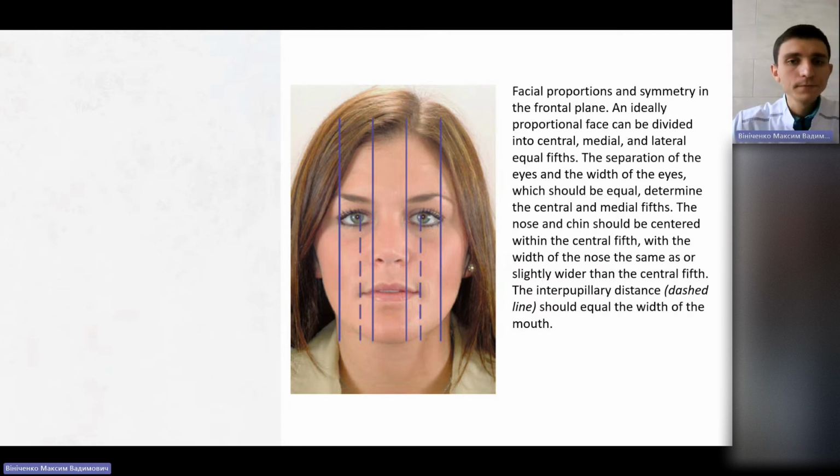So this is normal, but we understand that each nationality has differences. For example, a person from another nationality may have the corners not located in these positions, as it must be.